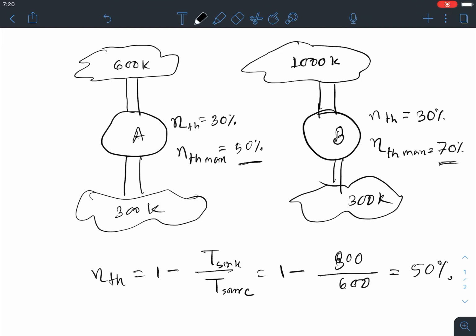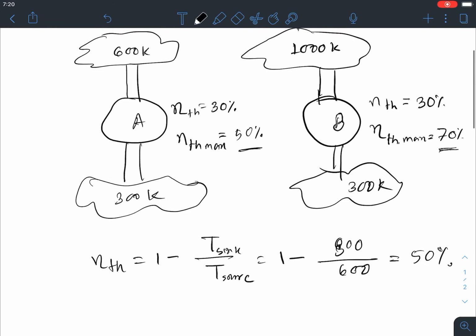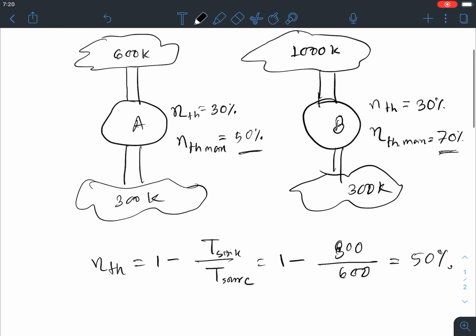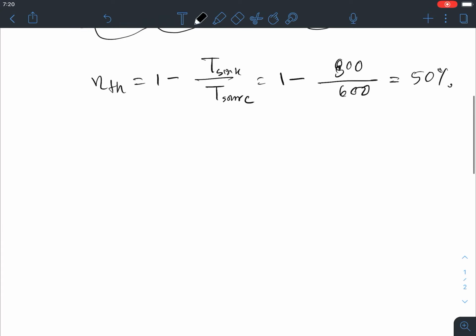However, it's not helping us determine how much the actual efficiency is, or how those engines are behaving, right? If there is any loss, what is the impact, or what is the useful work generated by this engine? So that's when the second law efficiency plays a vital role, right?